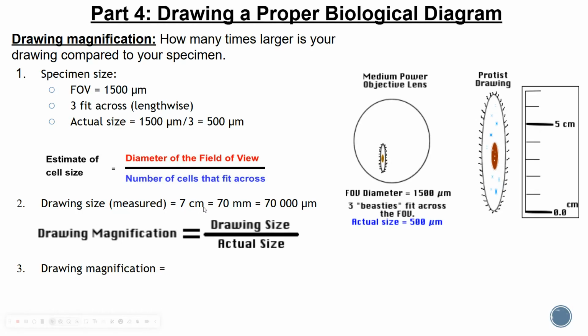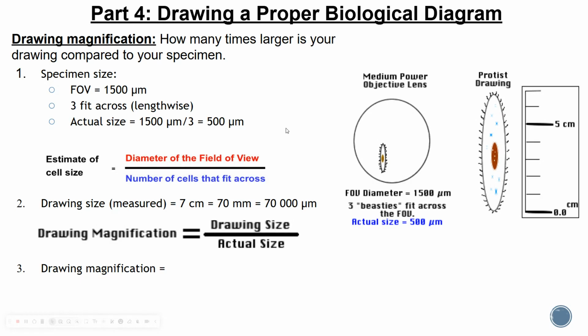So if I have 7 centimeters, I can convert that to micrometers. Centimeters to millimeters is times 10. And then millimeters to micrometers is times 1,000. So essentially from centimeters to micrometers, it's times 10,000. You can do it in a series of steps or in one full step. I would do 7 times 10 to get to millimeters, and then 70 times 1,000 to get to micrometers.